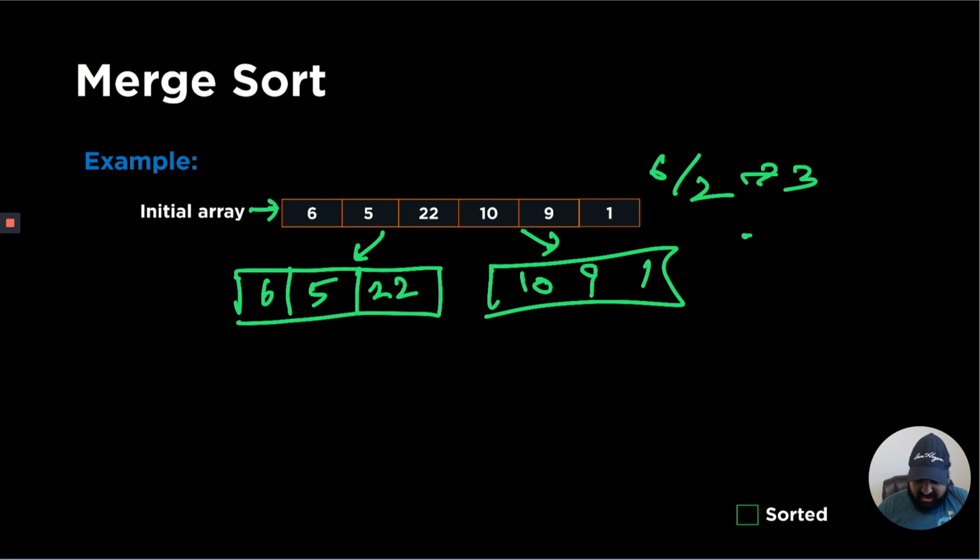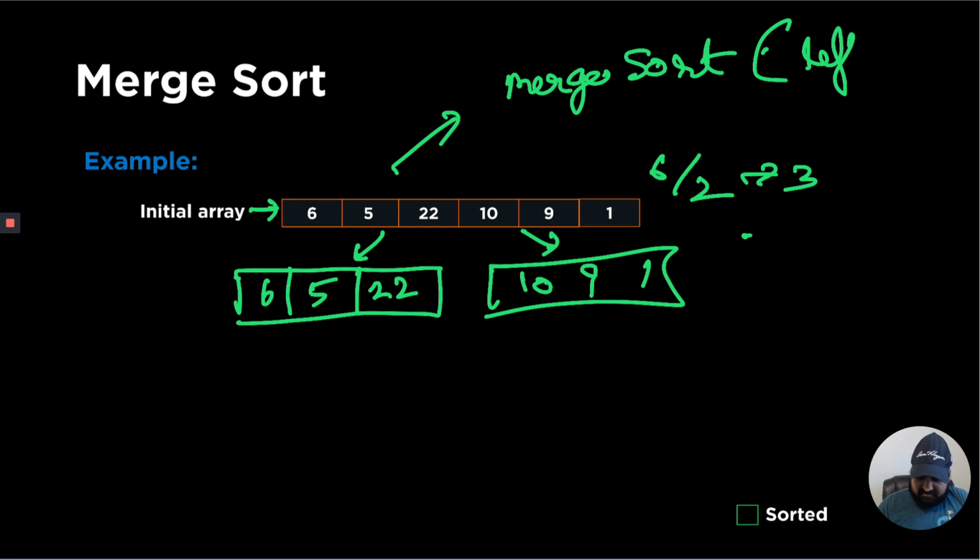So how can we divide this? Let's say our function is called merge sort. We can just call merge sort on the left half, which is, we can pass our array with the values 0 comma mid, where mid is the size of the array divided by 2.